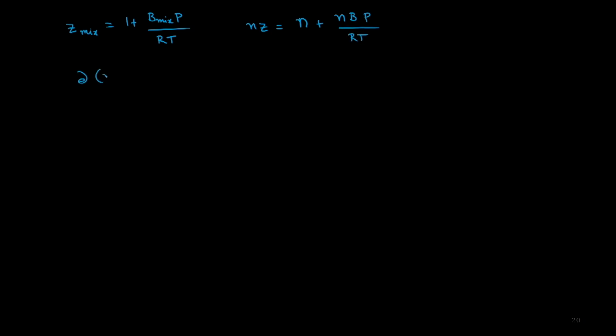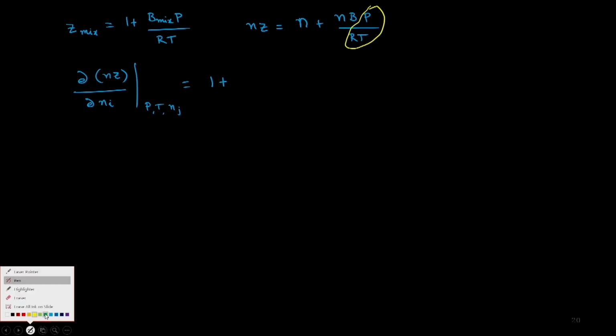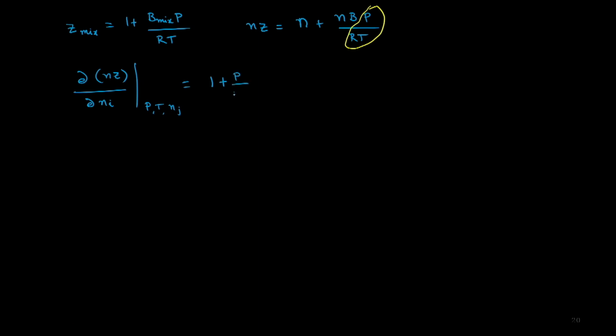The derivative of this quantity with respect to Ni at P, T and Nj is going to be 1 plus, since the temperature and pressure are constant, I can take those out of the derivative, which means I can get P by RT out of that derivative. What I will have left is P over RT times the derivative of NB with respect to Ni at P, T and Nj.